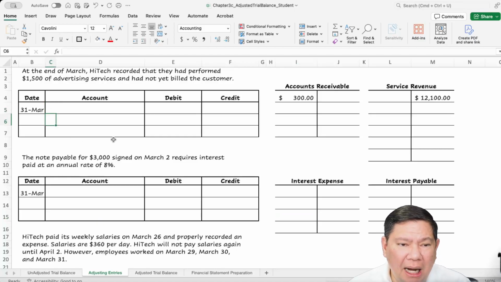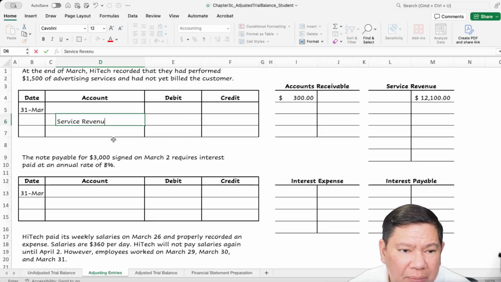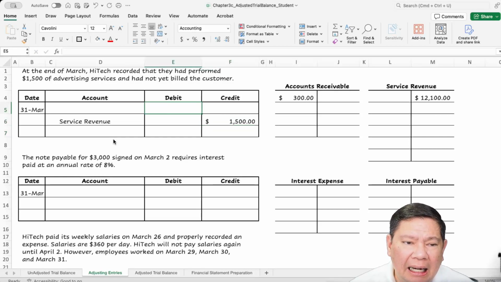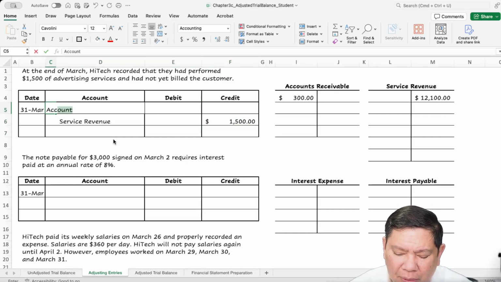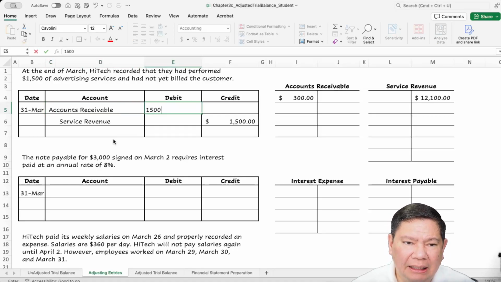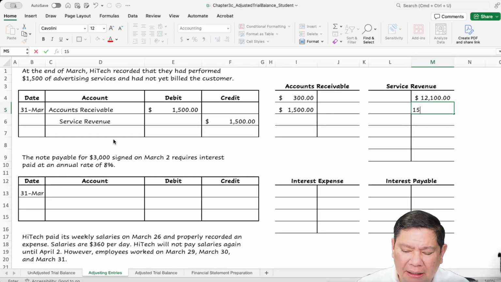But by the end of March, we have to recognize service revenue because it has been done, 1,500, and there's no cash payment, so we will put it under accounts receivable, 1,500. Okay, so let's post it to the T account. Accounts receivable goes up by 1,500 and service revenue goes up by 1,500.